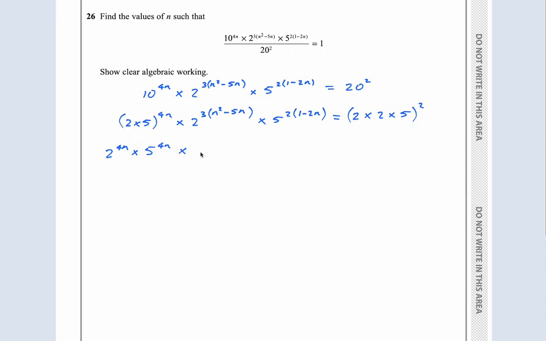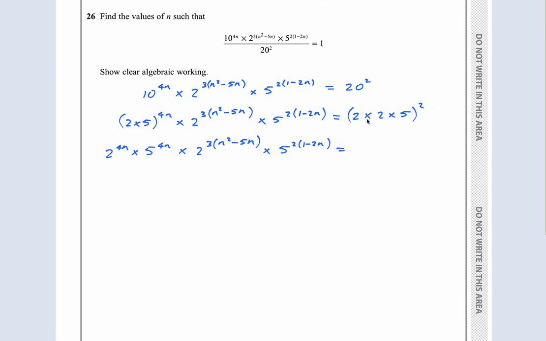This I'm going to leave, again, 2 times 3 to the power of n squared minus 5n times 5 to the power of 2 times 1 minus 2n.